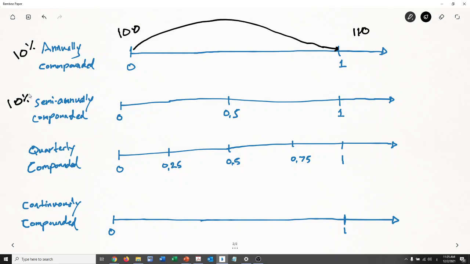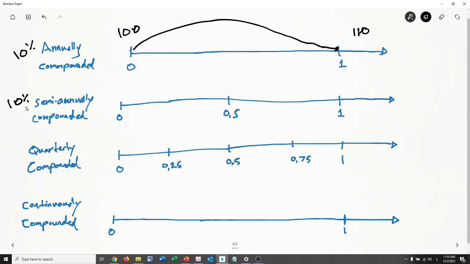When you see an APR rate, a quoted rate or a nominal rate, keep in mind that you cannot use this rate directly. You have to turn it into an effective rate to be able to use it to calculate interest, to discount, whatever. The only exception is when we are dealing with an annually compounded rate.